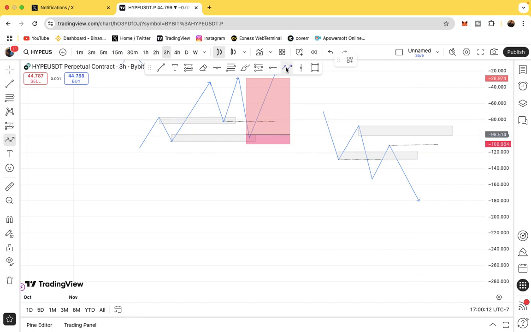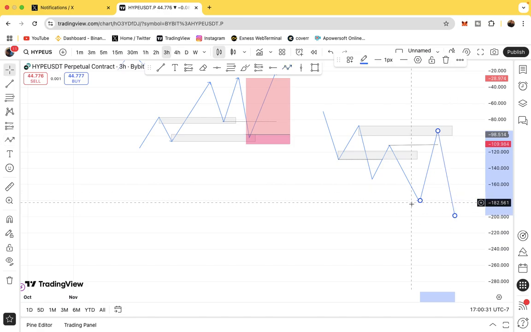Once the price is coming back down for a retracement, it's going to take out this zone as inducement liquidity. Once it takes out this zone as inducement liquidity, it is going to react from this unmitigated order block which we have here and sell back down.